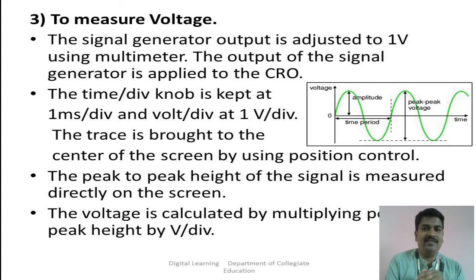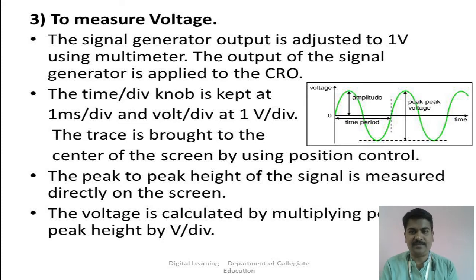After that, the output of that AC source, the signal generator, is applied to one of the channels of the CRO. After giving the input to the CRO, you adjust the time per division knob and also the volt per division knob so as to get a good number of waves on the screen to make the measurements.